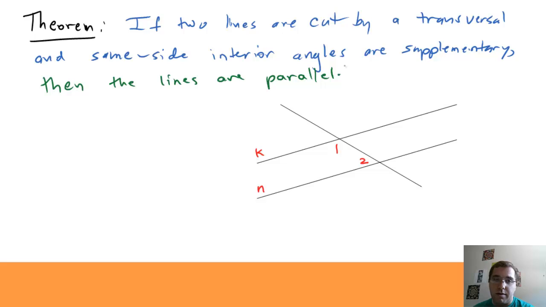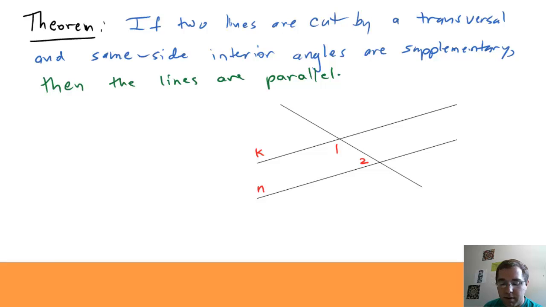Again, the reverse of a theorem from the last section, which said if two lines are parallel and cut by a transversal, then the same side interior angles are supplementary. This time, if two lines are cut by a transversal and same side interior angles are supplementary, then the lines are parallel.